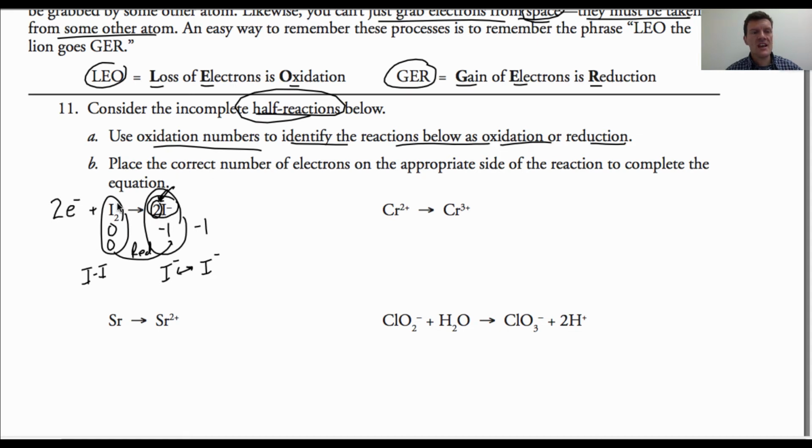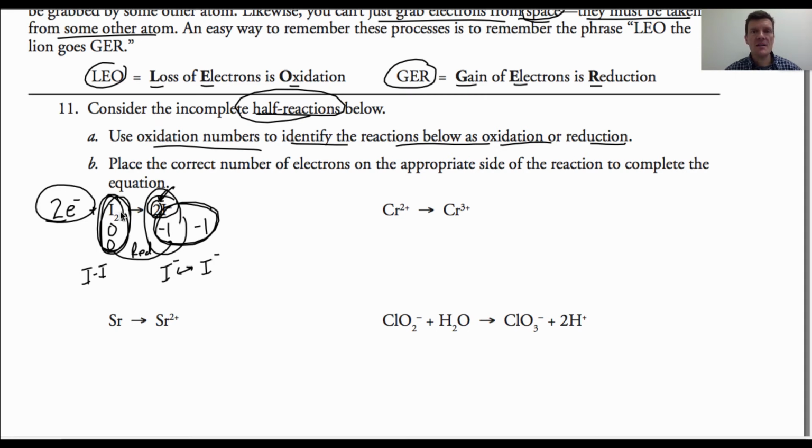So if this side over here is a total of 0, and this side over here is a -2, how am I going to balance the charge by introducing electrons? I hope it's obvious then. I'm going to add 2 negatives over on this side, and I do that by adding the 2 negative electrons. So that's another way to determine whether the electrons are going to go on the reactant side or the product side, is to try to balance the charge on both sides.